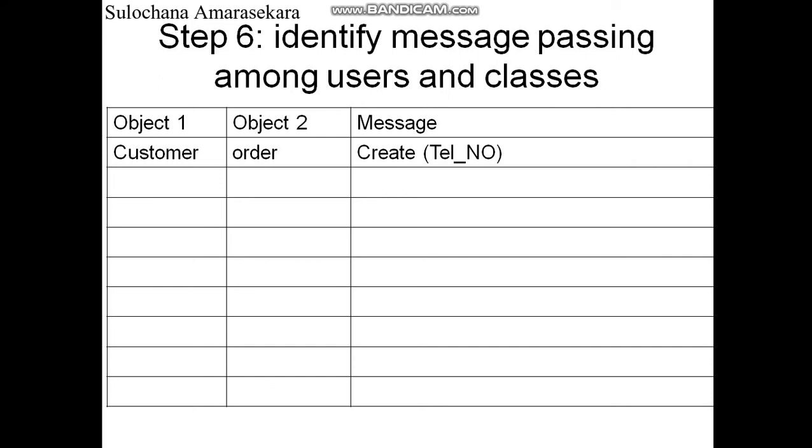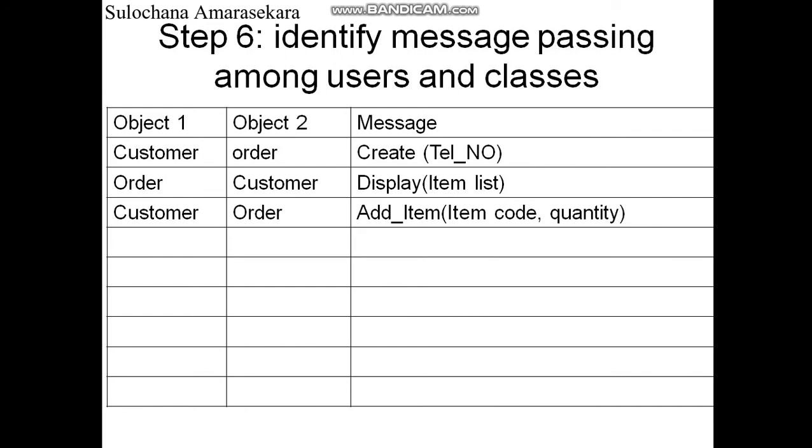For this, the customer sends a create message with the telephone number to the order class. Second, return item list. According to that, the order class sends a display message with the item list to the customer. Next, add item. Under that, the customer sends an add item message with item code and quantity to the order class.